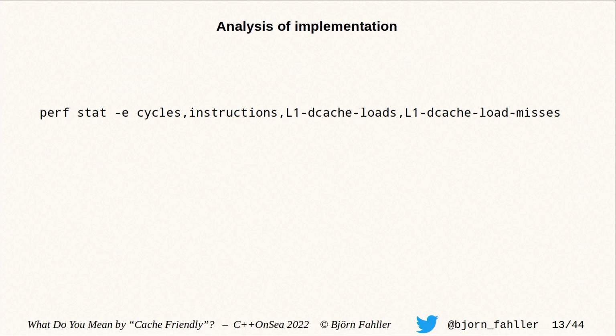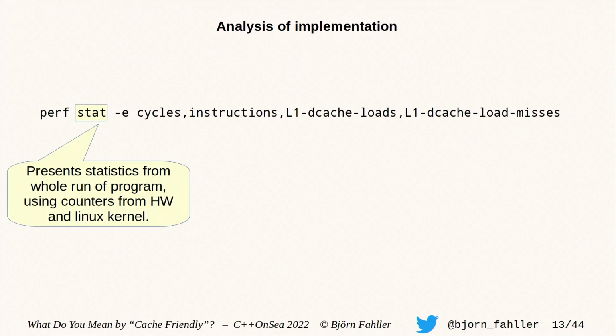So let's look at some other tools. On Linux, that is what I'm used to. I'm sorry, I don't know other operating systems well enough to say much about them. Perf is a really good tool, perf stat especially. It presents statistics from the whole run of a program, but it uses hardware counters and the counters that exist in the kernel anyway.